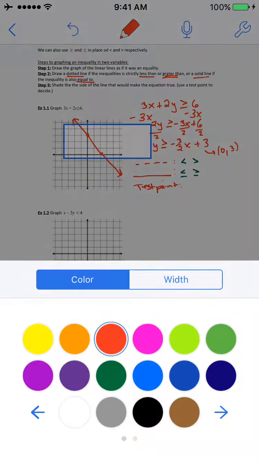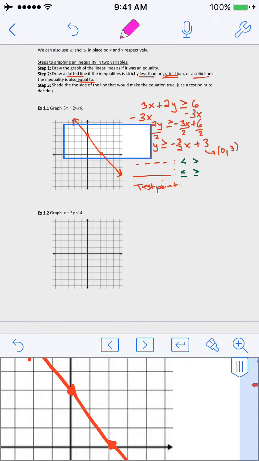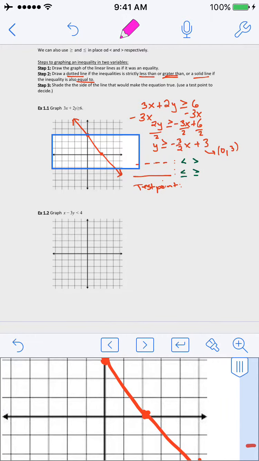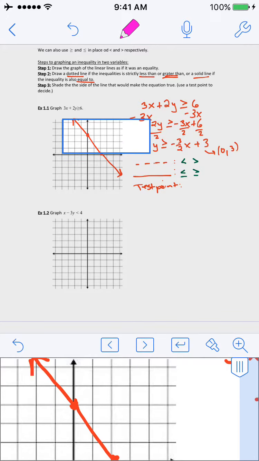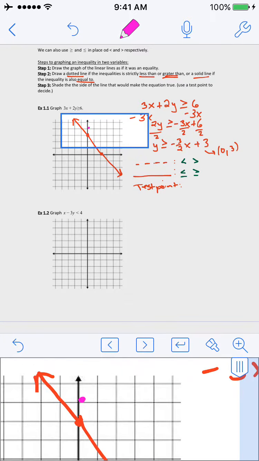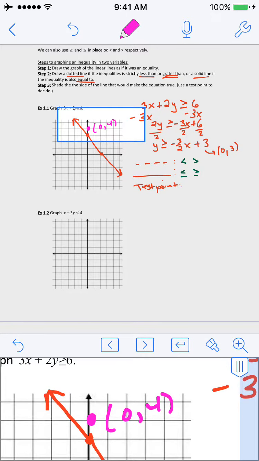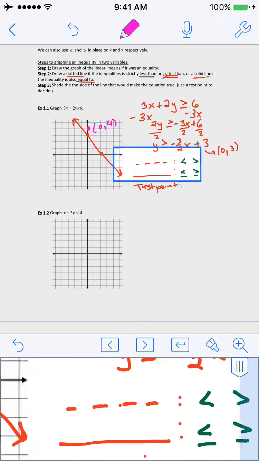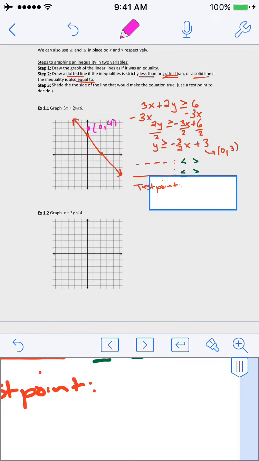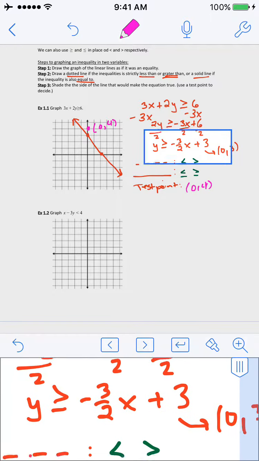So I think I'm going to use this pink point right here. I'm actually going to use something below. Now let's just use this pink. I'm going to use this point right here. Notice it's not on the line. And this is the point 0, 1, 2, 3, 4. 0, 4. So I'm going to use this point. I'm going to take this test point, 0, 4, and I'm going to plug it in to my equation here.